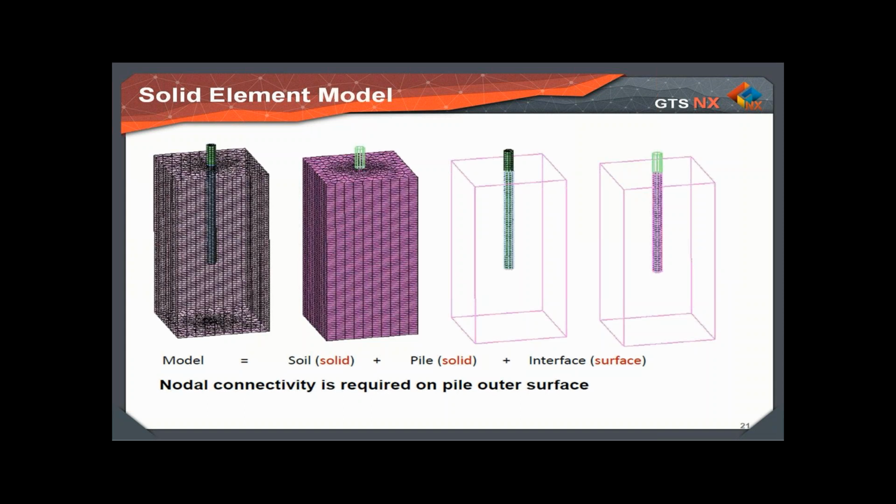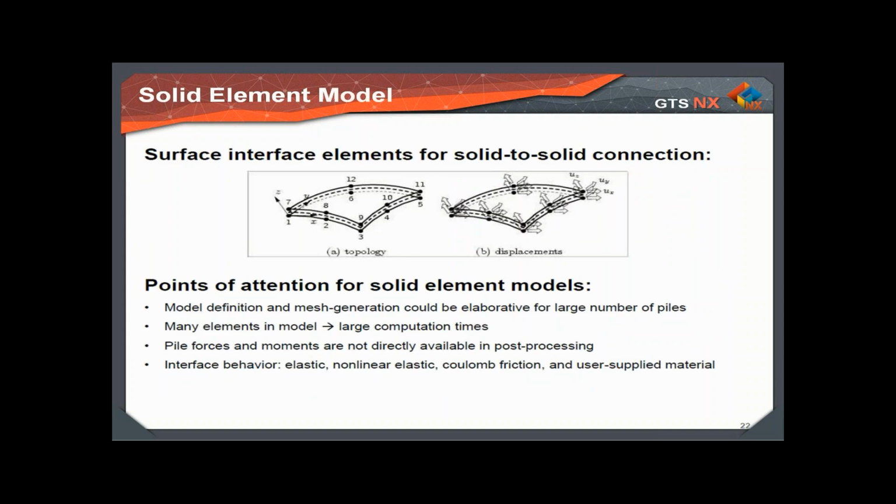That means that you also have to think about refinement around the pile to be able to capture the stress equalization that may happen if you have some failure. So if we have a large model with a large number of piles, that becomes a huge model computationally, and takes a lot of time, even with the hardware development nowadays.